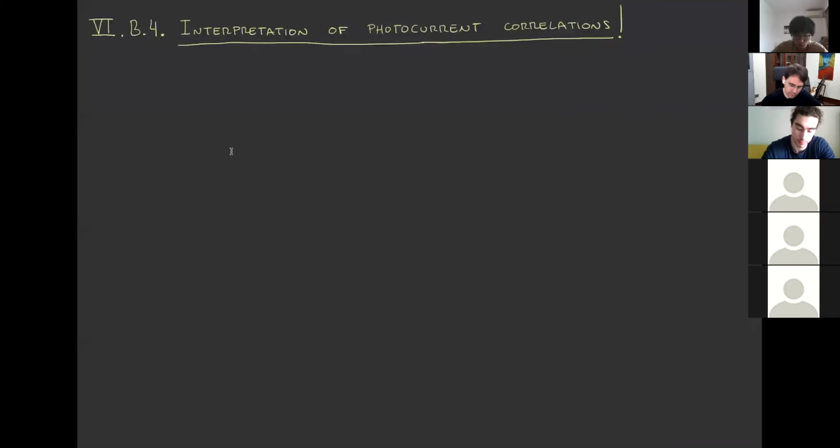Okay, so let's start with the interpretation of the photocurrent correlators. And well, I give you the interpretation of the first order one, but that one, it's kind of trivial. So by first order, I mean the correlation function or the statistical first order moment of the photocurrent.